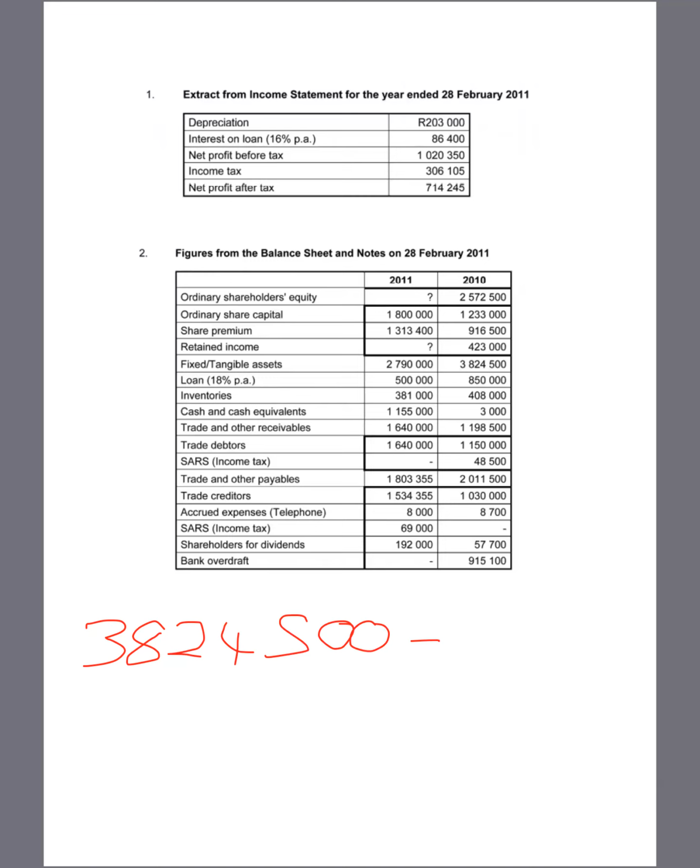Now remember it said that I sold 1,250,000 of my land and building, right? Yes. So I'm going to take this opening balance and minus this amount, and then I'm going to take my closing balance and also minus it.